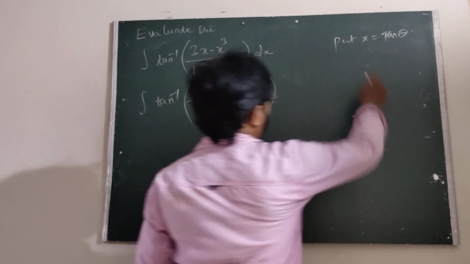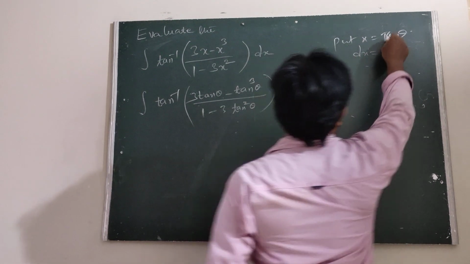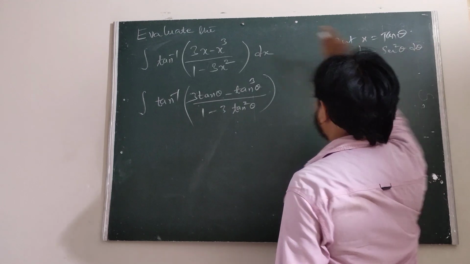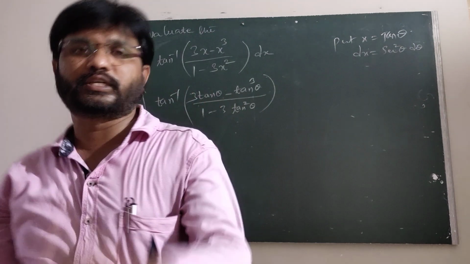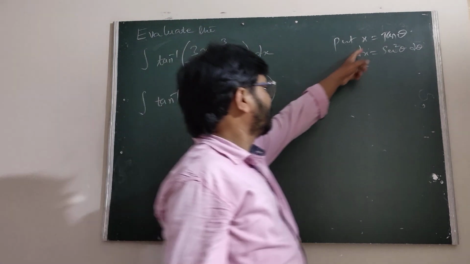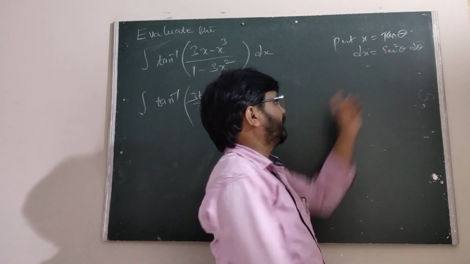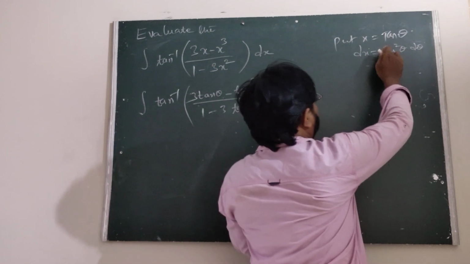Now, differentiating on both sides, the derivative of x is dx, and the derivative of tan theta is secant square theta d theta. Therefore, dx is secant square theta into d theta.